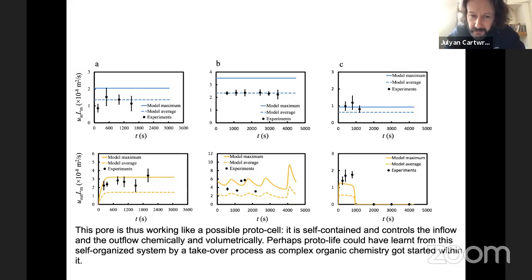It can be stable, as shown in the upper images, or it can also be oscillatory, you can have oscillatory behavior of the system, and it can also be unstable, and so the protocell would in effect explode.